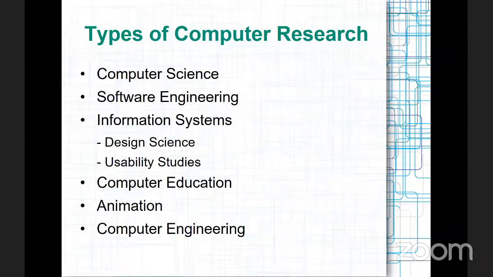Okay, so there are a number of types of research: computer science, software engineering, information systems, computer education, animation, computer engineering. In SCIT, we have 4 undergrad degrees: animation, BSc computing, which has 2 majors, IT and computer science, and IT currently has 4 minors.